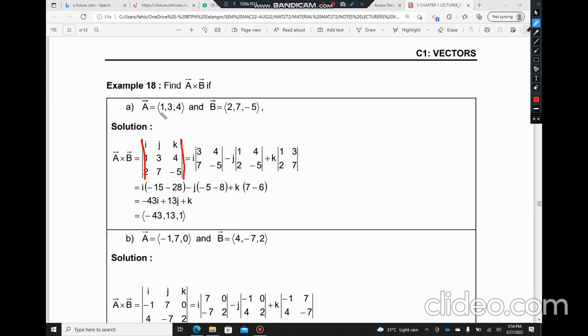So since dia ada 3 coordinate, 1, 3, 4, 2, 7, negative 5, kita letakkan 1, 3, 4 for vector A, and then untuk vector B 2, 7, negative 5. Okay, so kita nak dia adalah bentuk square, baru kita boleh guna formula cross product ni kan.